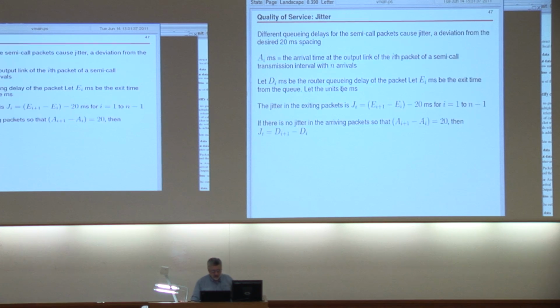Basically, something on the order of about 20 milliseconds is an absolute maximum you want anything to ever be delayed by the time you get to the other end, and the codec has to reassemble things. And so that translates on individual routers down to something that's fractions of a millisecond.